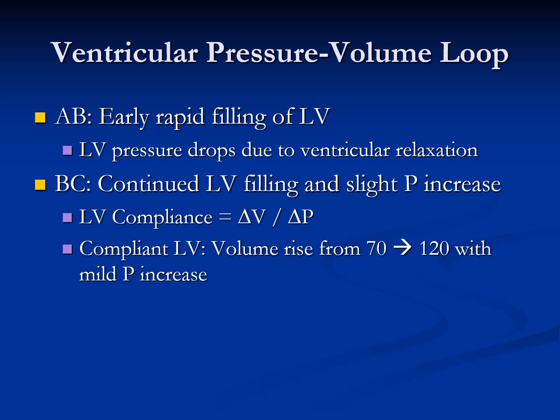Therefore, the more compliant the ventricle, the more it should fill with volume, with very little, if any, pressure increase. And therefore, this is a reflection of LV compliance, and compliance is simply delta V over delta P. How much volume can you fill with as little a pressure increase as possible? This is a measure of LV compliance.